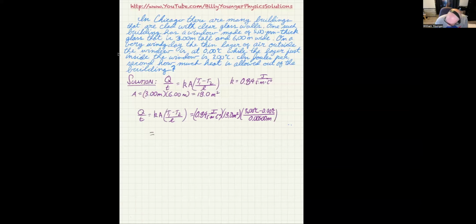So now that I calculate this, all I have to do is take 0.84 times 18.0 times 3.00 minus 0.00, which is 3.00, and then I'm going to divide that all by 0.005.